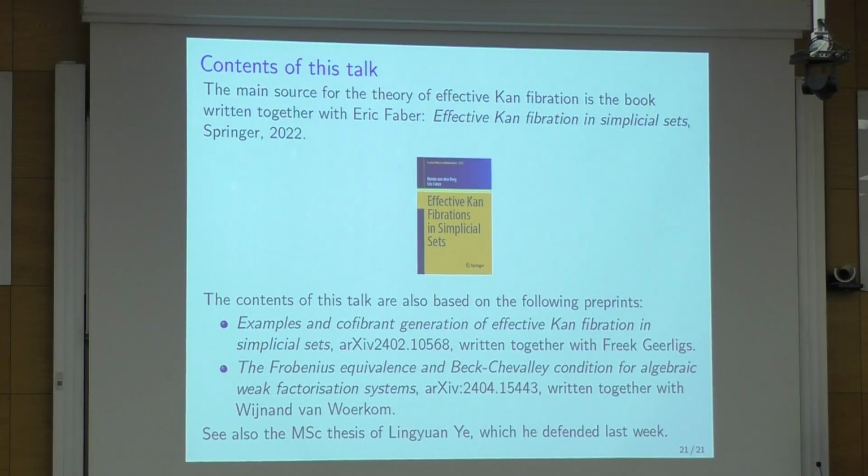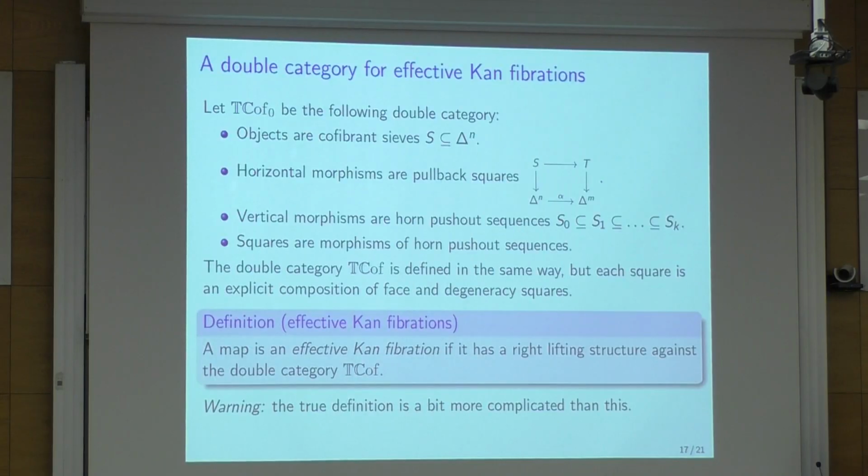The idea here is that we don't just want a solution, we want the solutions to satisfy certain compatibility conditions, which are formalized by this double category. So we are way more strict than they are.